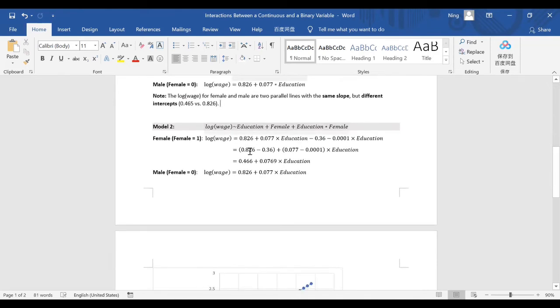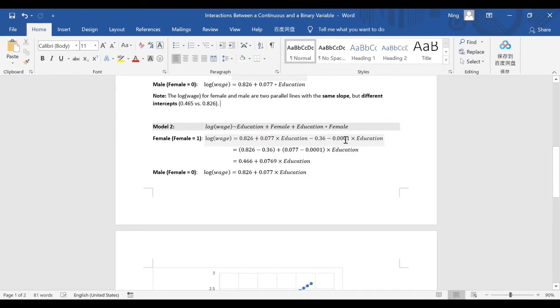Model 2 included an additional interaction term between education and the female dummy. The log wage for female workers in this case is given by the intercept plus the coefficient on education times education, plus the coefficient on the female dummy, which is negative 0.36, times the female dummy, plus the coefficient for the interaction term times education.